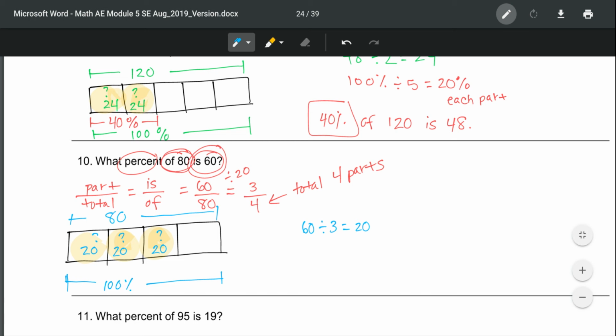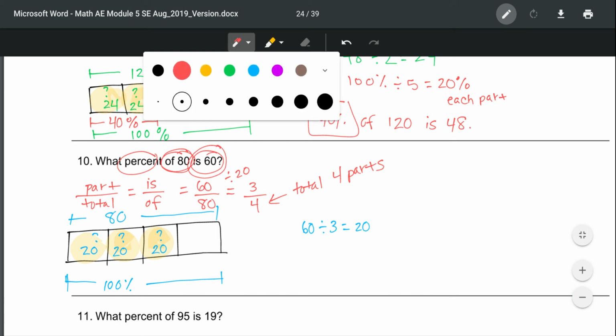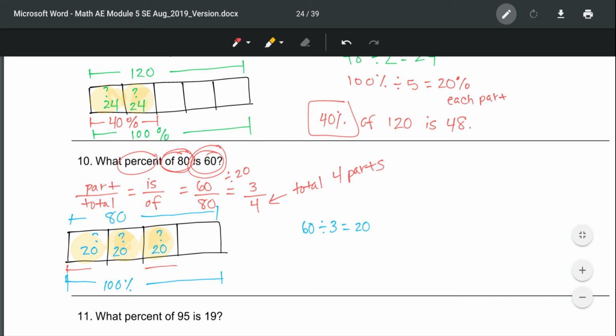Okay, so we want to know what percentage that is. Okay, those 3 parts would be. So to figure out the value of that, take 100% and divide it by 4, and that would be 25%.